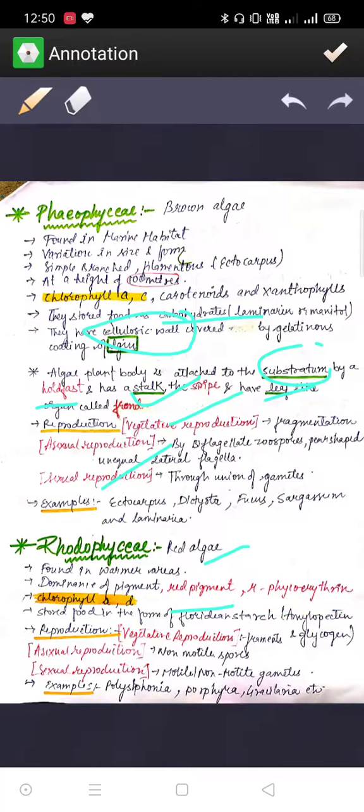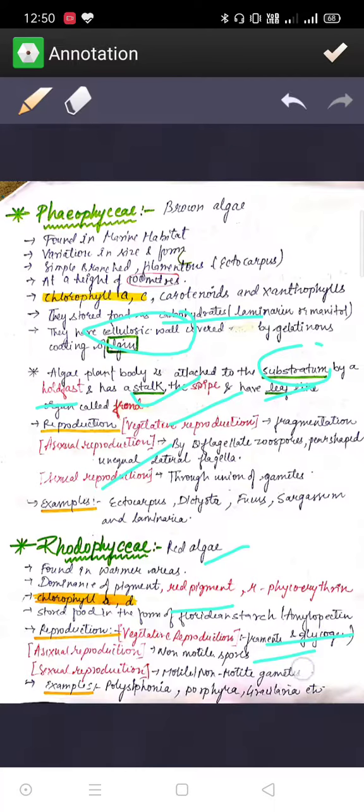It also has three types of reproduction: vegetative reproduction by fragments, asexual reproduction with non-motile spores, because in the previous two types of algae the zoospores are flagellated and moving, but in this type of algae there are non-motile spores, and sexual reproduction with motile and non-motile gametes.